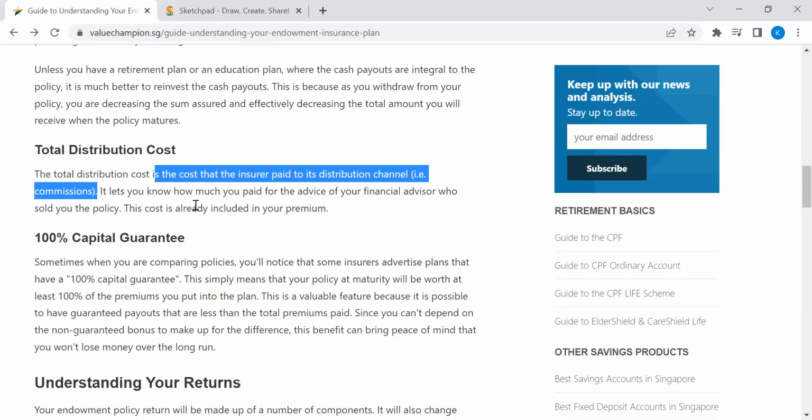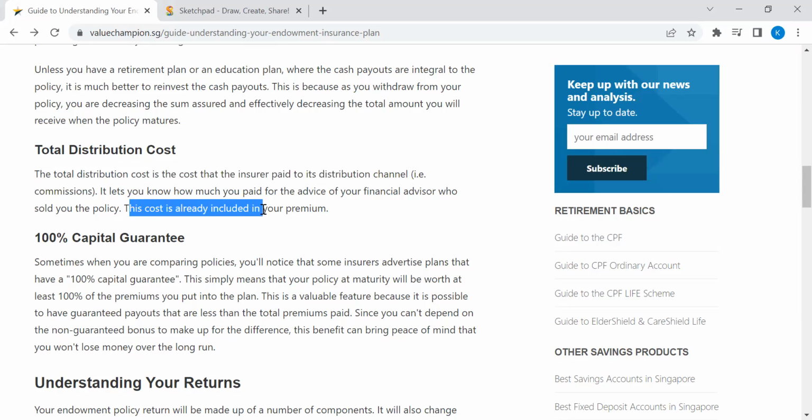It also includes printing of material and renting of office for you to conduct your marketing, and there are a lot of other costs as well. So sales commission is just part of it, and this cost is already included in your premium.